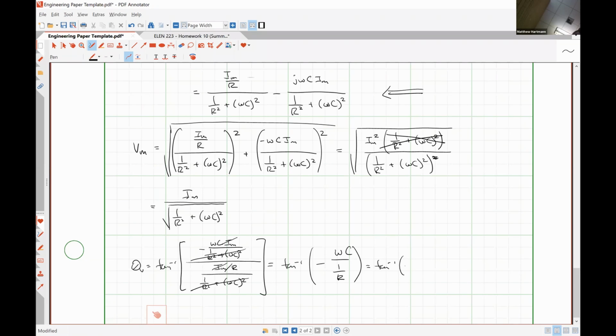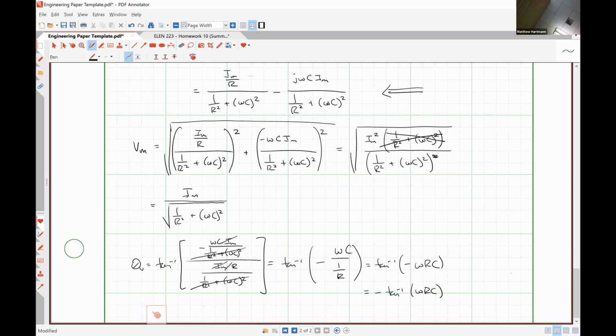Yeah, so negative omega RC, and we can use a simple identity. The inverse tangent of a negative number is the same as the negative inverse tangent, so that would be negative inverse tangent omega RC. You don't necessarily need to use that one. This guy is perfectly sufficient, but I prefer to not have negative signs inside my argument.